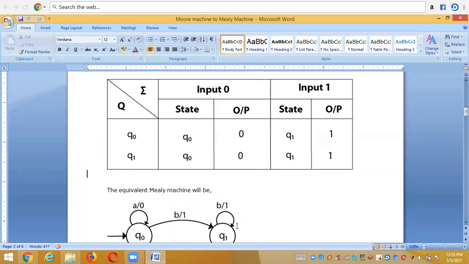That means if the given input is a Moore machine, then this is the process that we need to follow for converting it into its equivalent Mealy machine. What we did here is, from the machine we draw the transition table, and from the transition table we calculate the extended output function.